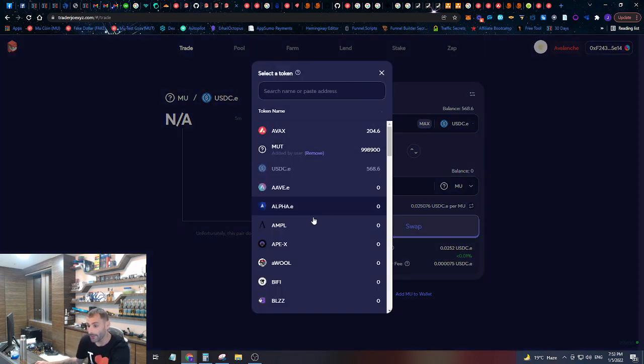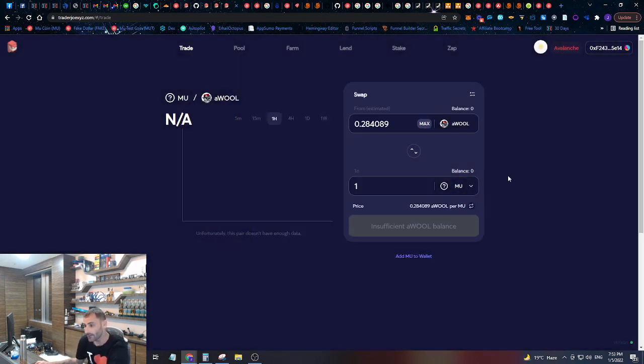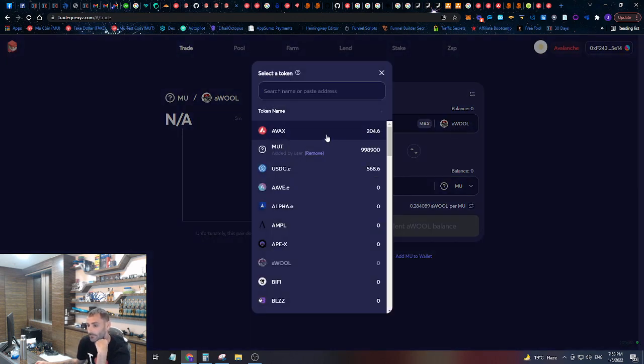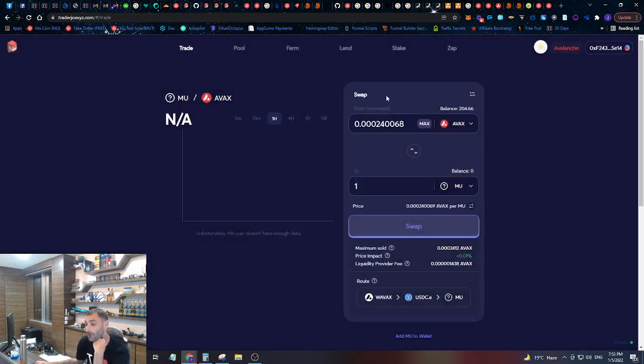But if I want to pick another asset like this, whatever this is, I don't even know what this is, well, I don't have enough balance for that, so I'm just going to pick AVAX again. Now, since I want to convert my AVAX into actual Mu coin, and there is no pool that is directly holding some AVAX and Mu coin in the same pool, then I can't necessarily trade my AVAX directly for Mu coin.